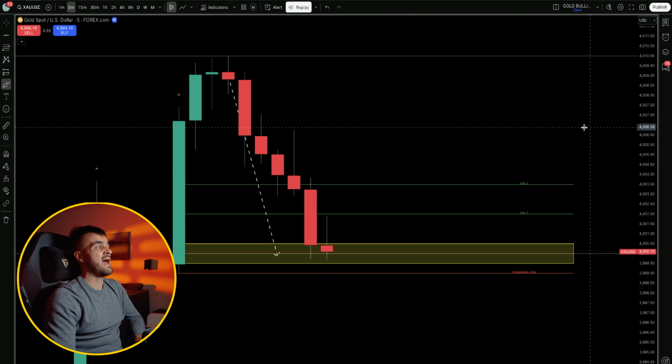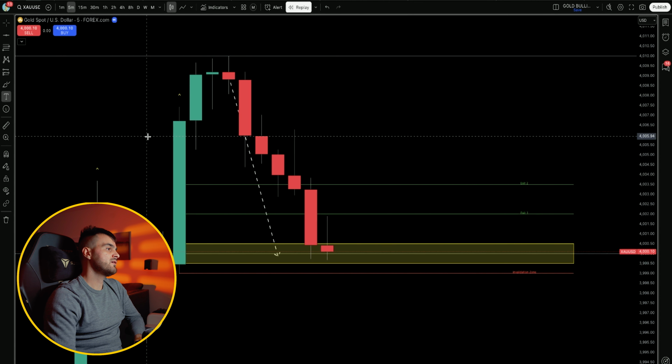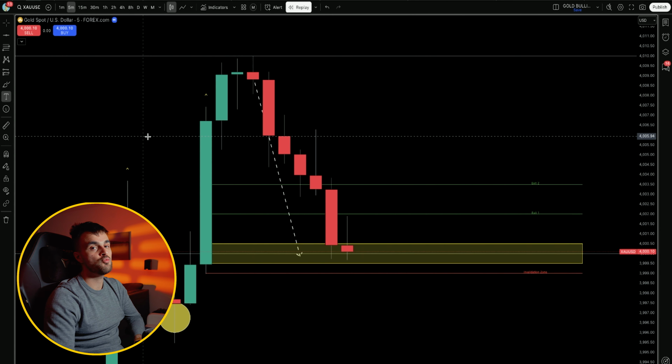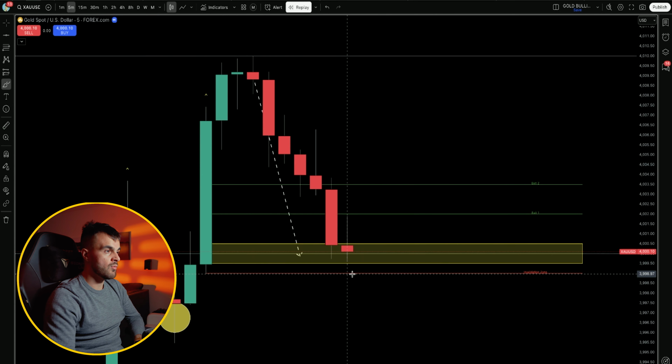So for those of you who have access to this tool, one of the rules I would use for the invalidation, and I'm going to make a 2.0 version for this that has a little bit different features and rules implemented inside of it. But if we look at the invalidation, it's pretty small, and gold has increased a lot with volatility.